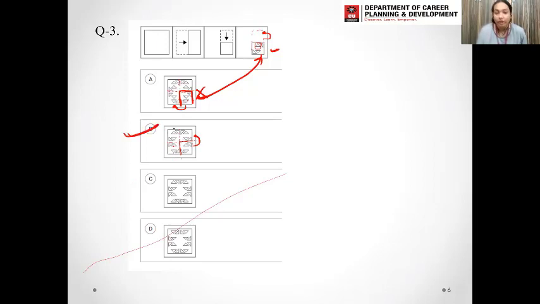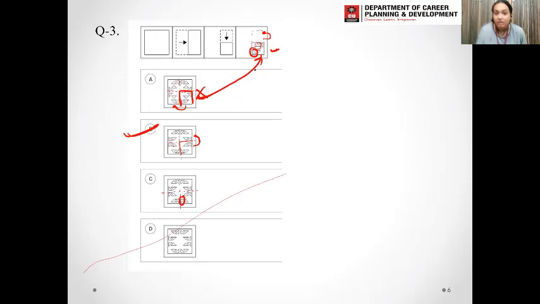To check whether you have done it right or wrong, check the other options as well to see if they match or not. If we check this option, let's divide it into 4 parts. First of all, the question figure doesn't match with this.